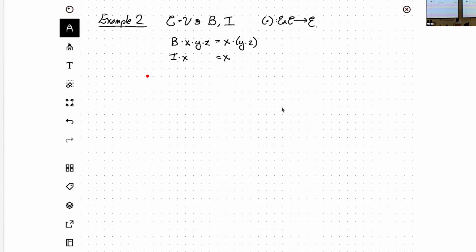And then, if we've got a term, let me use different letters. Let's say we use X and Y for types.